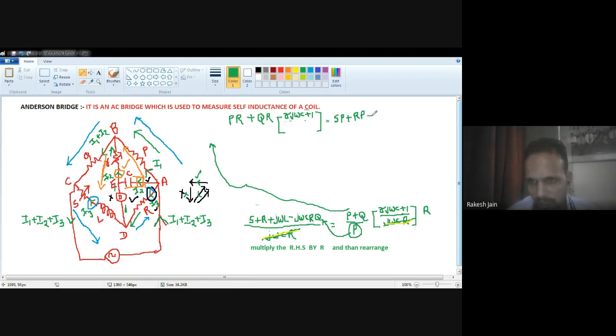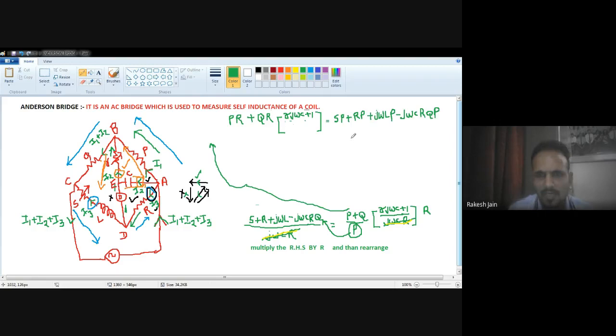Then j omega L multiplied by P, that is j omega LP, and this minus j omega C r capital Q also multiplied by P. So SP plus RP plus j omega LP minus j omega C r QP.